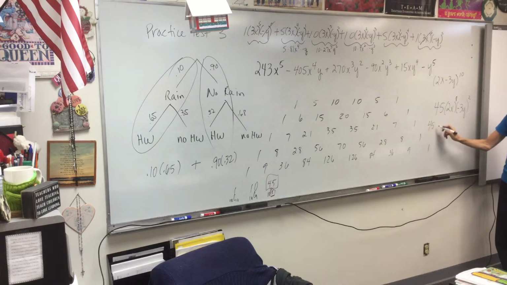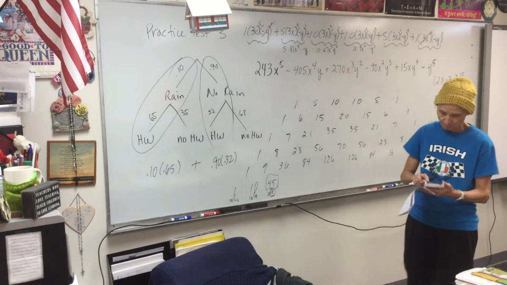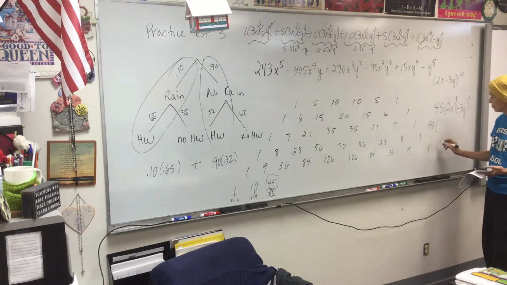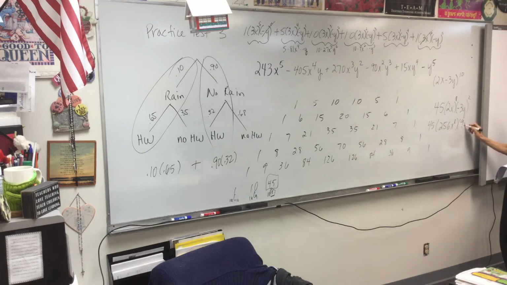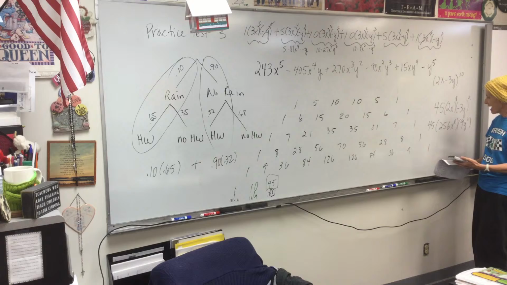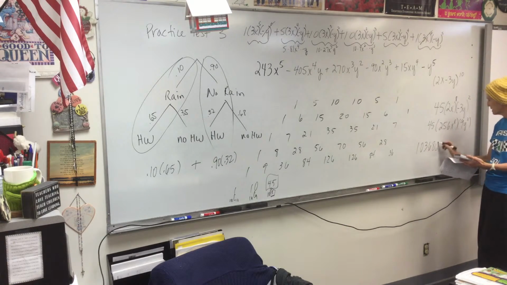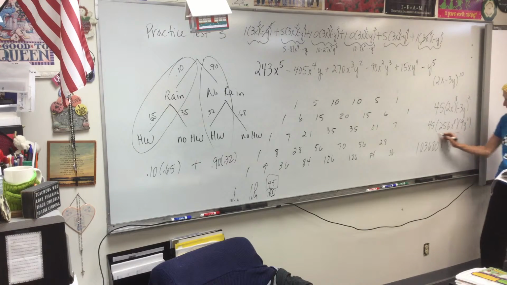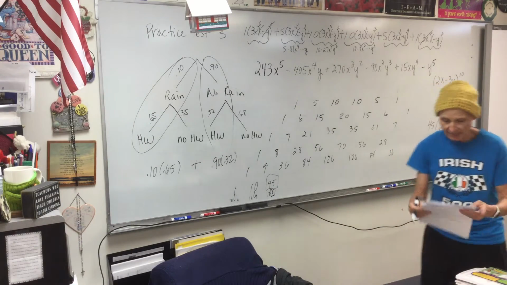So I have a 45, I have 2 to the 8th, I have a 256, x to the 8th, and a 9y squared, negative 3 squared. And all that's times each other. So 256 times 45 times 9, that term is 103,680 x to the 8th y squared. There is the third term of that expansion.